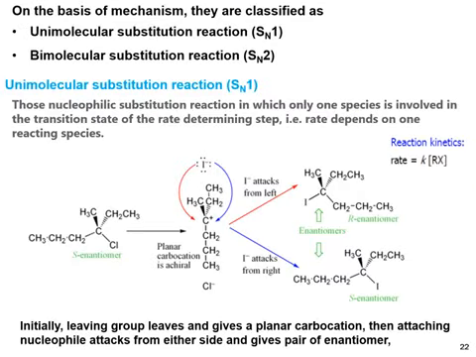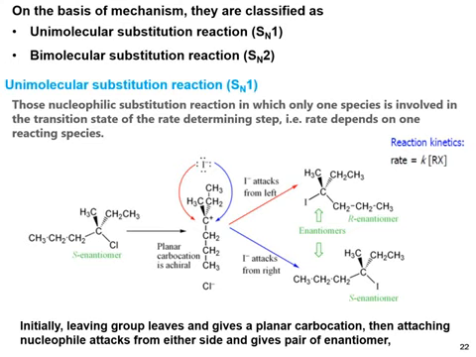So this is an example of the unimolecular substitution reaction. First of all, the leaving group leaves and leaves behind a planar carbocation. In the next step, the electron-rich species can attack from either direction, from the left side or right side, because the carbocation is a planar moiety.